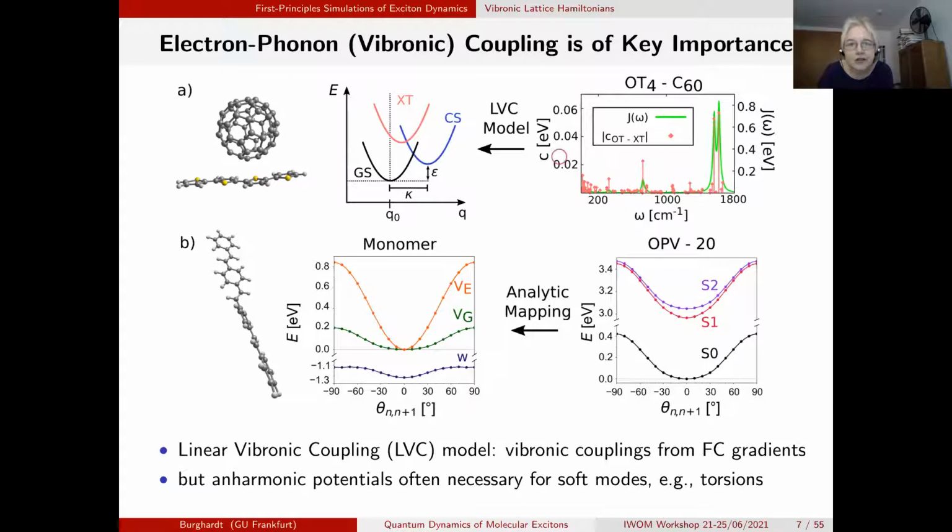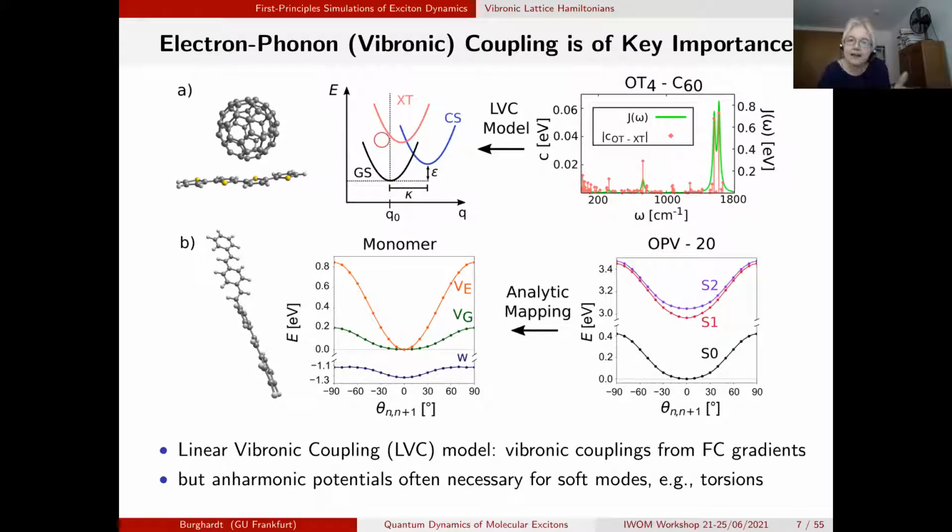The spectral densities actually correspond to a shifted harmonic oscillator model. This is also called the linear vibronic coupling model that often captures the essence of what is going on upon photoexcitation. And we can get the information about the vibronic couplings or spectral densities from Franck-Condon gradients, which is a pretty cheap way of doing things.